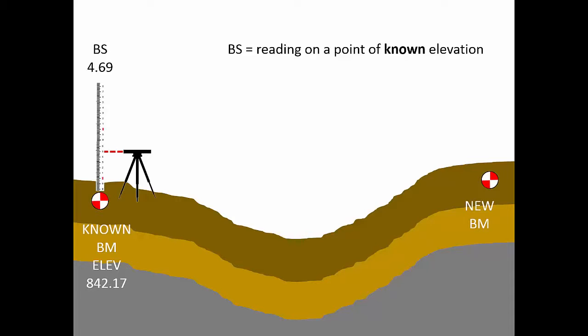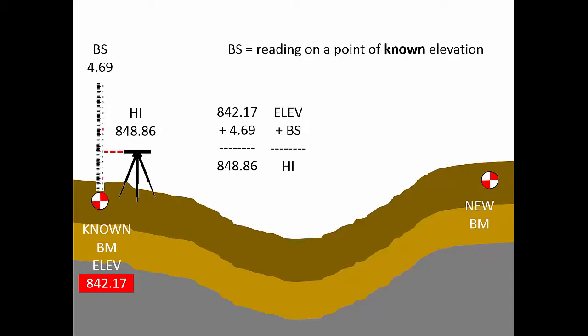With this first backsight reading and the known elevation of the benchmark, in our case 842.17 feet, we can say the instrument line of height is 4.69 feet above the elevation of 842.17. Thus, the HI of the instrument, commonly abbreviated as HI, is 842.17 feet plus 4.69 feet, which equals 848.86 feet.